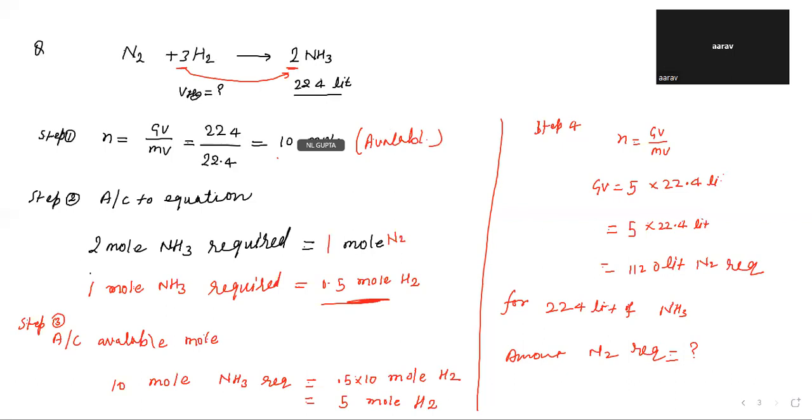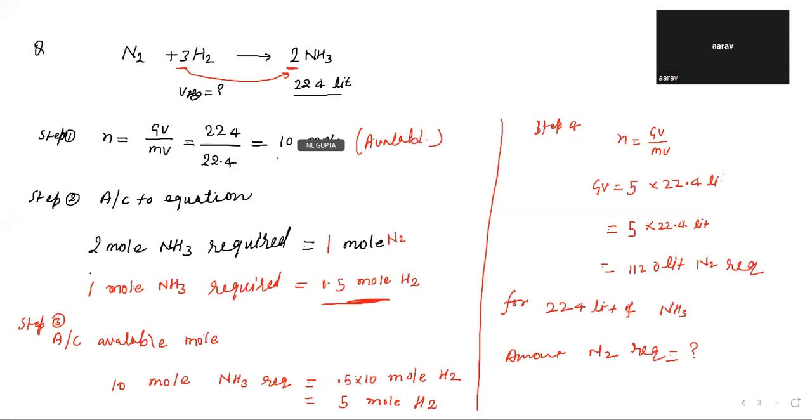Arav, in the meeting you got this question. I am reading this one. In the following reaction, if 10 gram of H2 reacts with N2, what will be the volume of NH3 produced at STP? See, the first step you need to convert into the mole. 10 gram H2 is given.